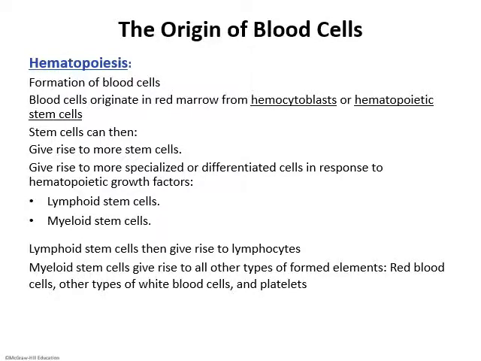So they have three choices. A, copy themselves, create more hematopoietic stem cells. B, become a lymphoid stem cell, which will then eventually give rise to either a T cell or a B cell, or become a myeloid stem cell and become either a red blood cell, a platelet, or 4 of the 5 white blood cells.